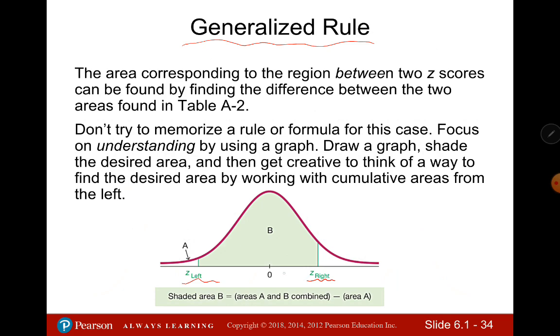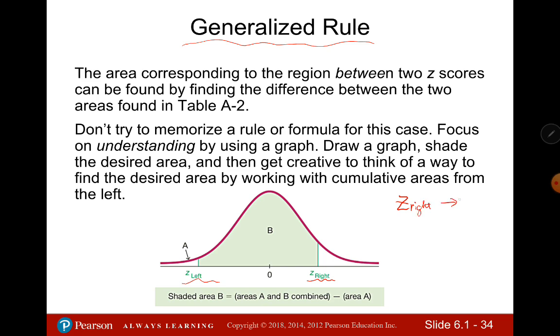Oh, not on the right side of 0. It means to the right of the smaller value. So here we start with the larger value. We call it z right. Find the area of this one. So we will say z right side.